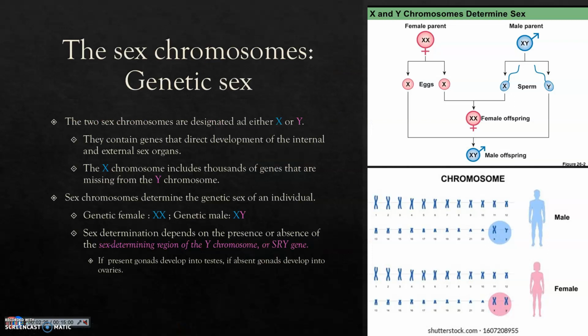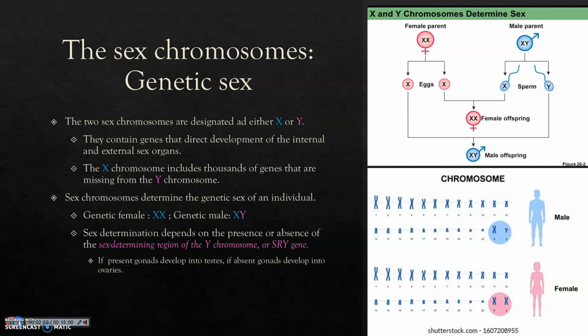Now let's talk about genetic sex and how the X chromosome and the Y chromosome play a role in what makes up a male or female. So, like I mentioned earlier, the two designated sex chromosomes are going to be the X chromosome or the Y chromosome, and they both contain genes that direct development of the internal and external organs.